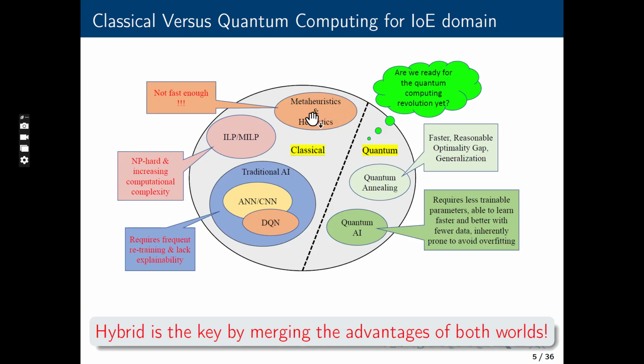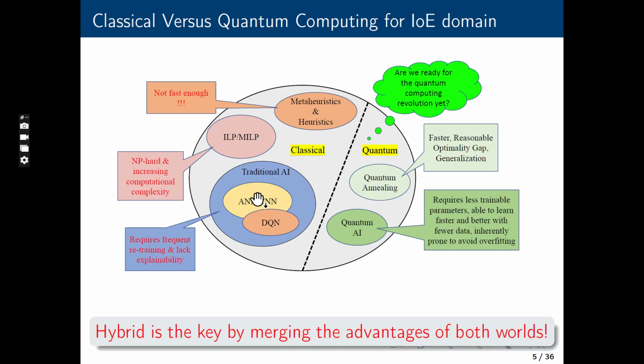Then there are some approximation algorithms such as metaheuristics and heuristics, and those are simply not fast enough to keep up with the latency or delay requirements of the futuristic IoE applications I'm working on. And then there are some traditional AI techniques such as reinforcement learning and neural networks. However, these require frequent retraining because the network conditions change too fast.